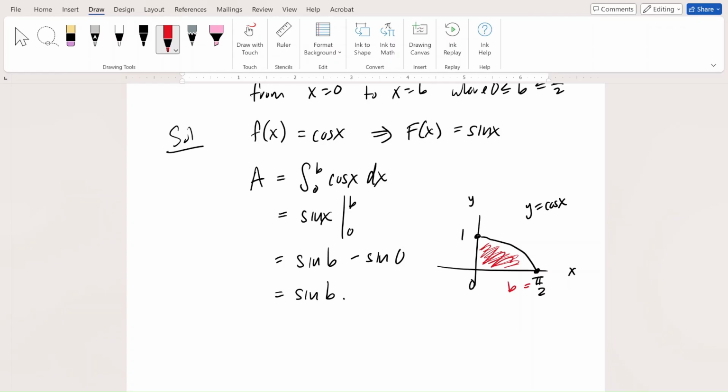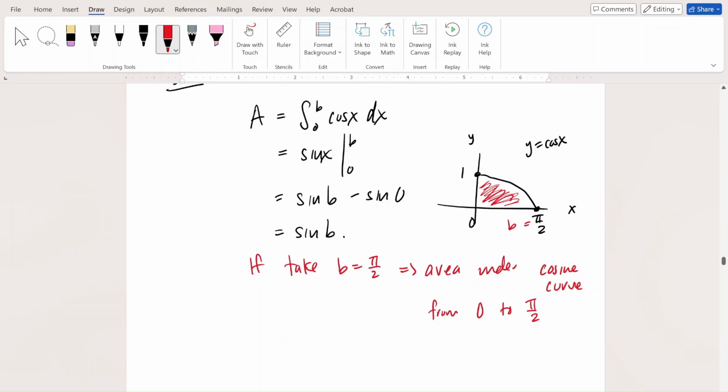So if we focus in, if we take b to equal pi over 2, the area under the cosine curve from 0 to pi over 2, well, if b was pi over 2, I could just replace b with pi over 2 instead, so then it will be sine of pi over 2, which is equal to 1.